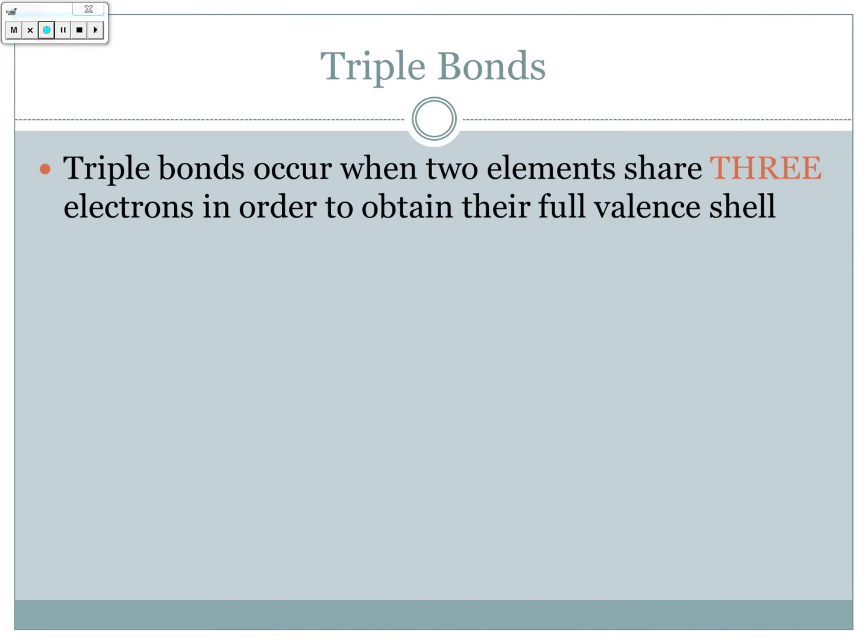Triple bonds occur when 2 elements have to share 3 electrons in order to obtain their full valence shell. So for example, nitrogen. Nitrogen has 5 electrons in its valence shell. It needs to gain 3 electrons. Now 2 atoms of nitrogen could share their 3 lone electrons and make triple bonds with those, so that each of them gains their full octet by sharing.